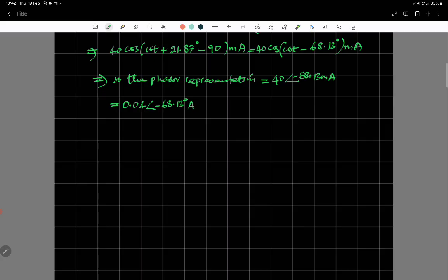This one was milliamps, but now we have converted it to amps. That's why we are having 0.04.